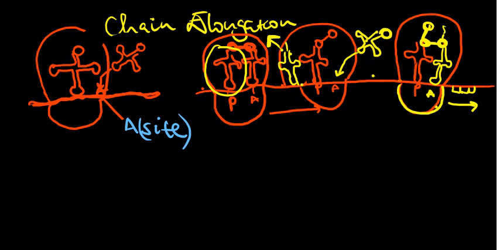So this could be serine. This amino acid sequence is composed of different types of amino acids, not just the same type. You can have serine, you can have methionine, which is always the first one, you can have tryptophan, and so on and so forth, as many as you can.